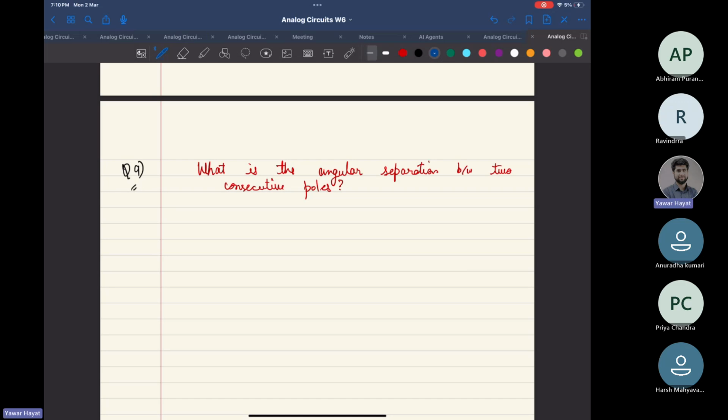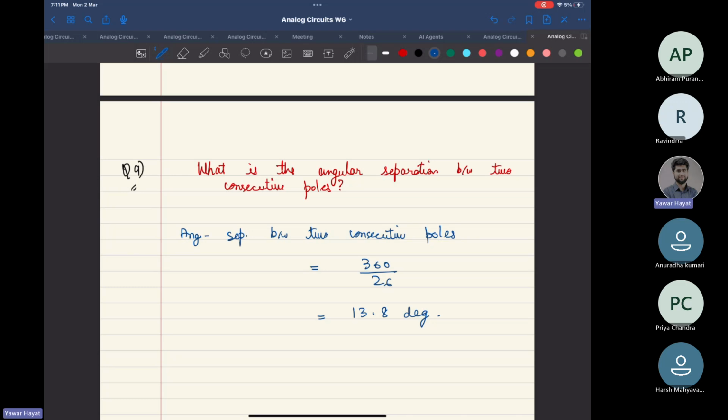So the angular separation between two consecutive poles is 360 all divided by 26. How much is that? It turns out it is 13.8 degrees. So two consecutive poles would have an angular separation of 13.8 degrees between them.